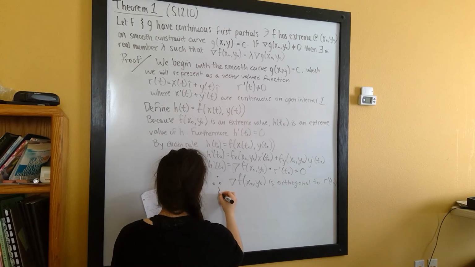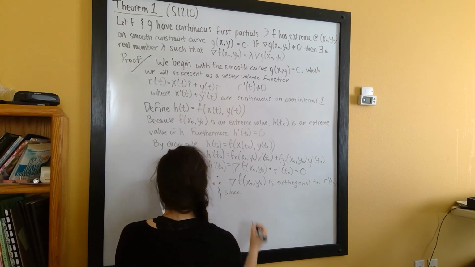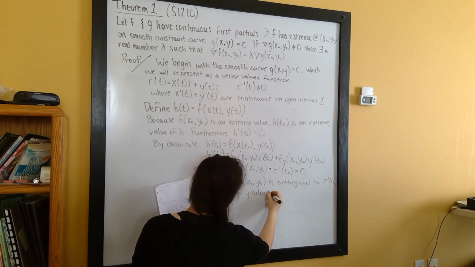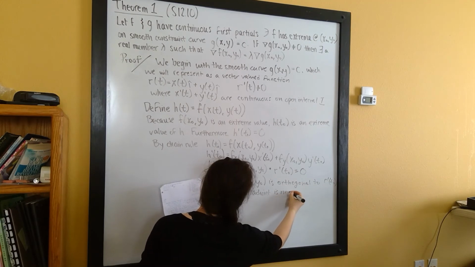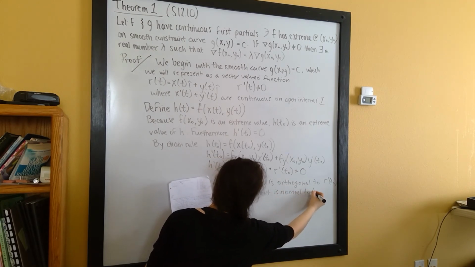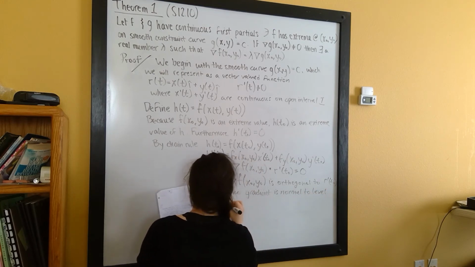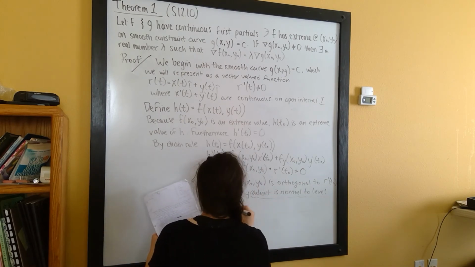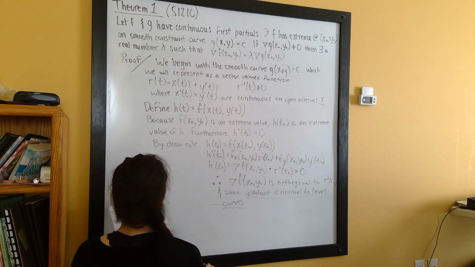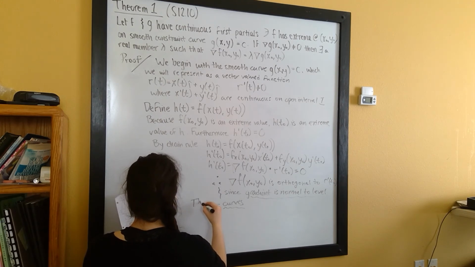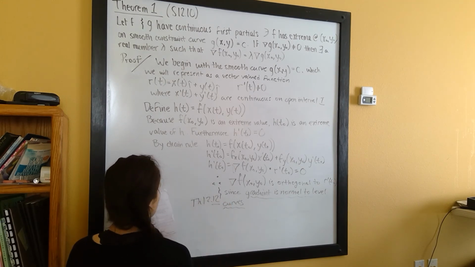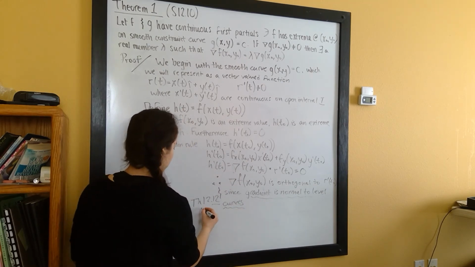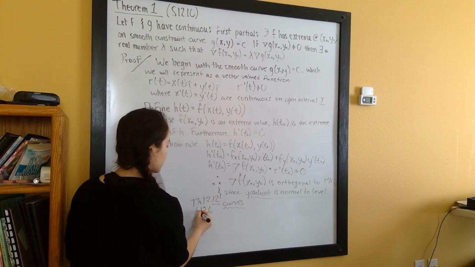And since gradient is normal to level curves, and this statement right here is a theorem that was introduced. It's Theorem 12.10 in the book. So if you want to go look more into that, you can look there in the book. I believe it's in section 12.6.